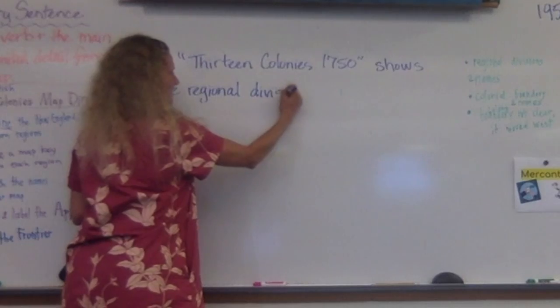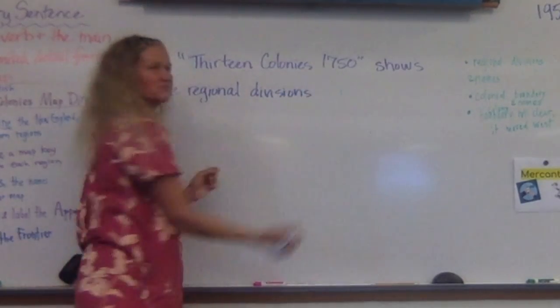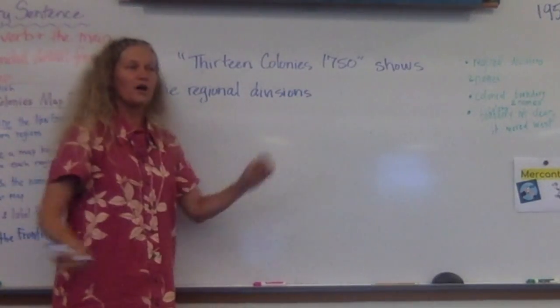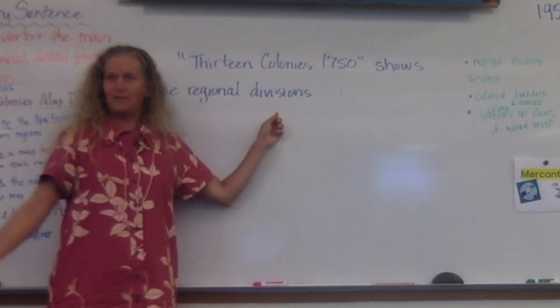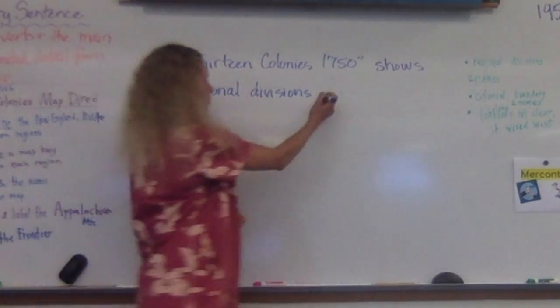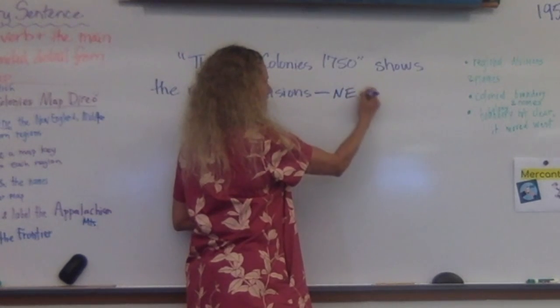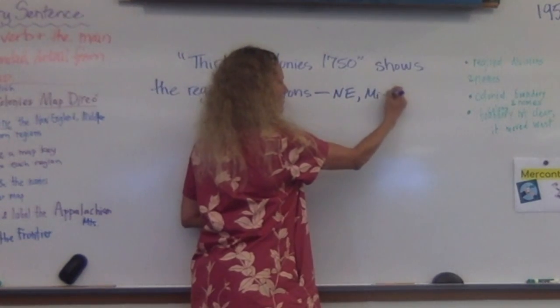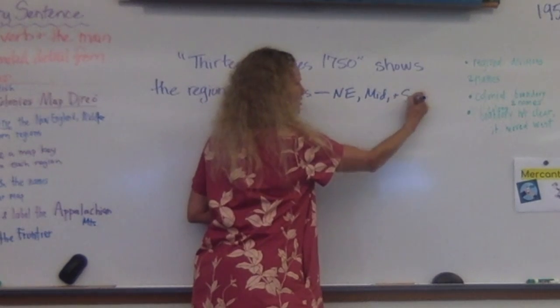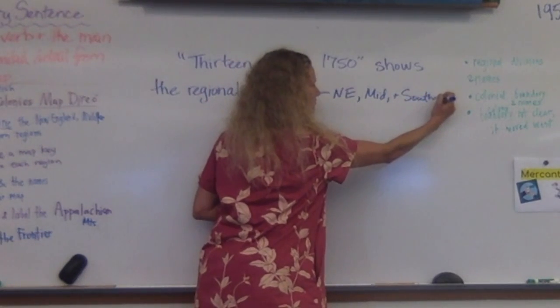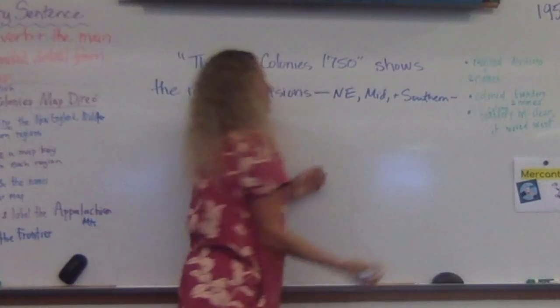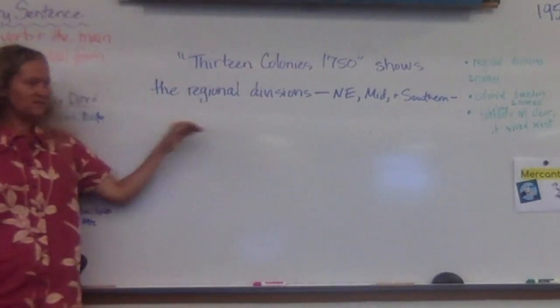Do we want to list them in the sentence? Normally I would, but it makes a longer sentence. You could just put a dash and actually write out in your sentence New England, Middle, and Southern, and another dash to go back to the sentence.